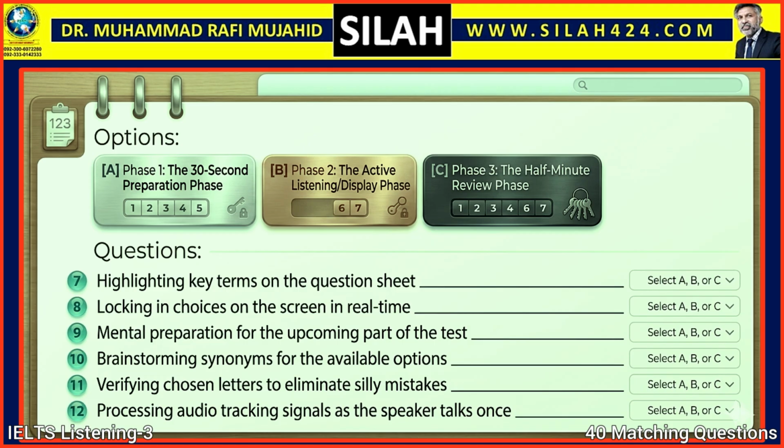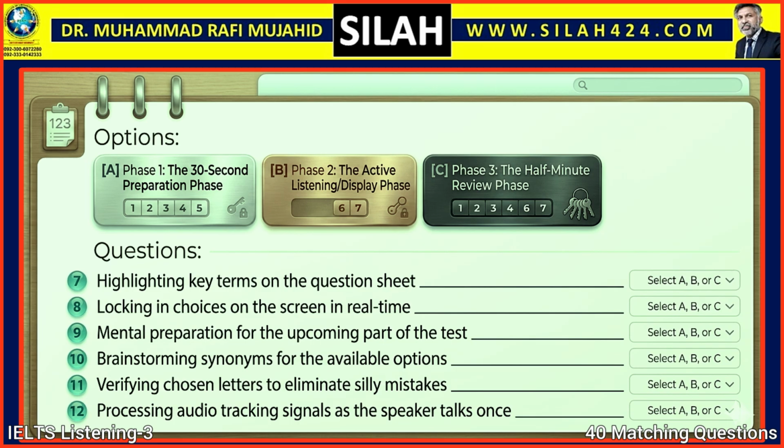Now that you know the basic structure, Maddie, let's talk about what you should actually be doing during each of those 3 phases. Yes, please. Let's start with phase 1, the 30-second preparation phase. What is my priority the moment the silence begins? Your absolute first task is to grab your pencil and start highlighting key terms right on the question sheet.